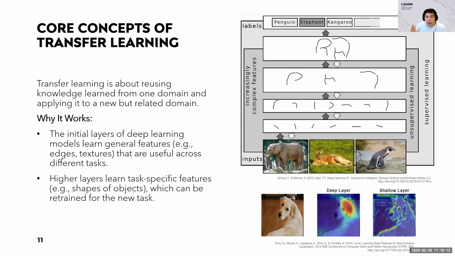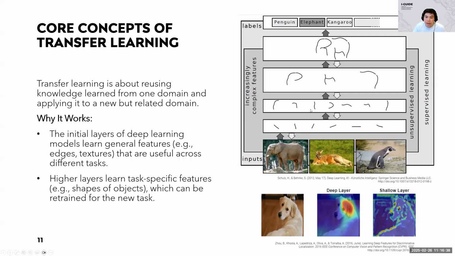On the right-hand side, there are two examples here. The top one, as you can see, the input is the image of an elephant. The first layer learns to detect where the edges or the curves of the boundary of the object are.